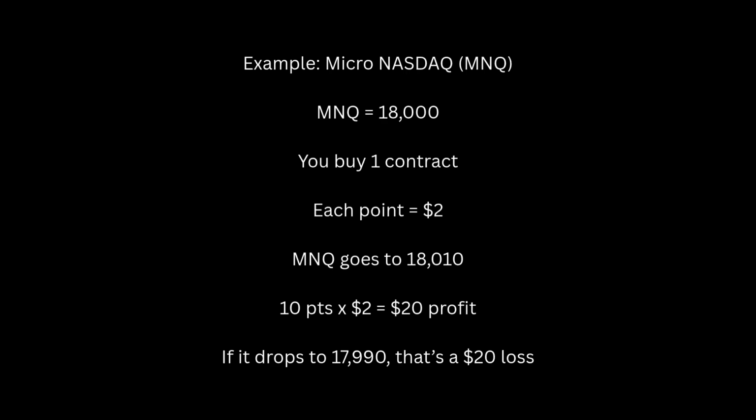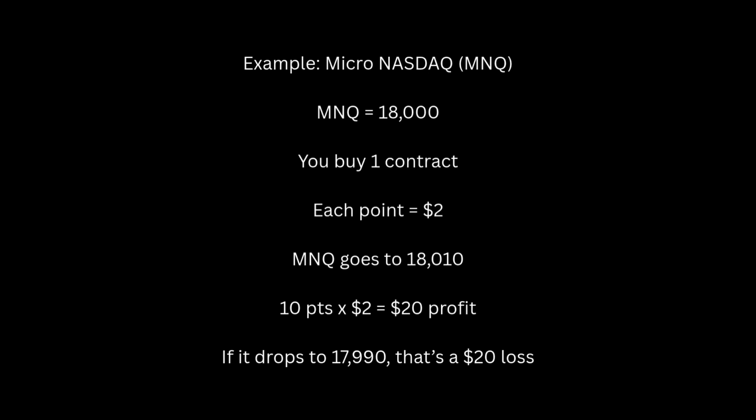However, at some moments in those steps, and I'll show you the illustration, it will pull back a little bit and people get scared. Let's say you have a stop loss of $20.